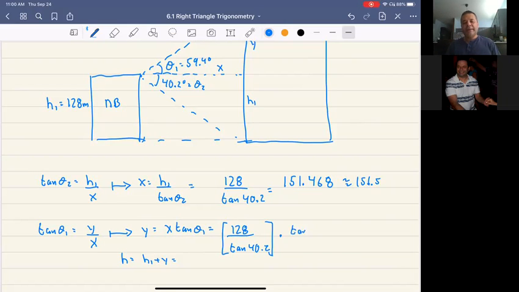So what do I get when I calculate that? 128 times tangent of 59.4 divided by tangent of 40.2. I get 256.117. Let's approximate that to 256.1.